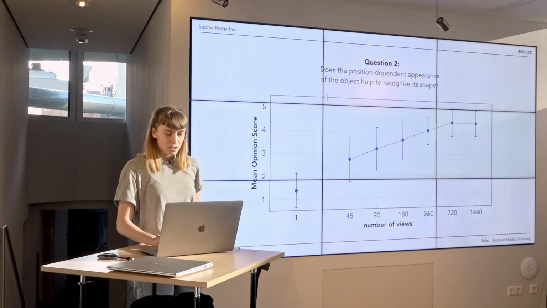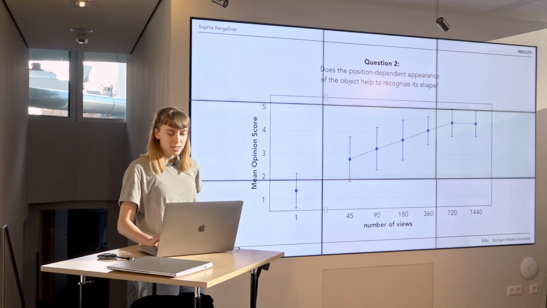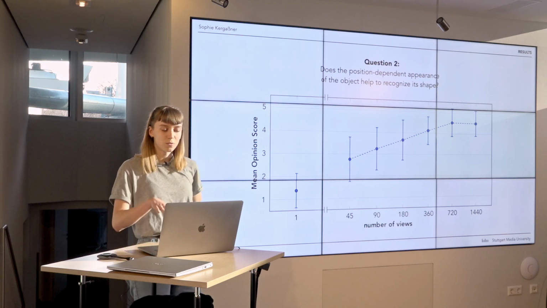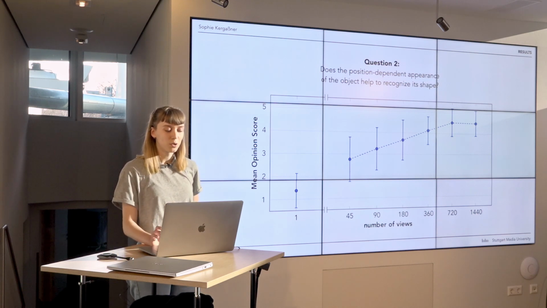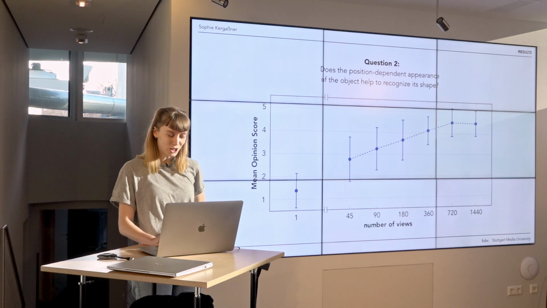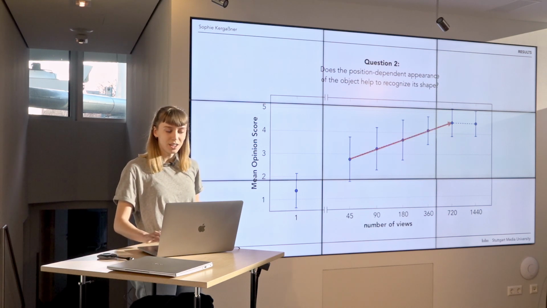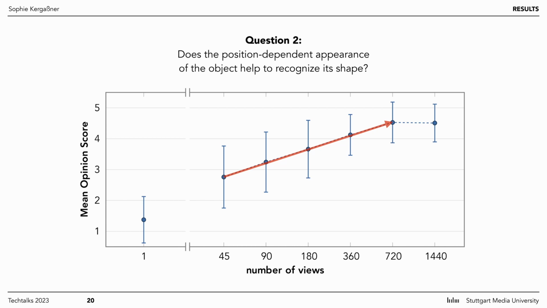For the next question, the subject should focus on the motion parallax and evaluate by standing still versus moving in front of the stimulus if they gain more information about the object's shape. So again, the ratings show a nearly linear rise in MOS between 45 and 720 views, and we can see a plateau and even a slight decline forming between the uppermost 2 stimuli.